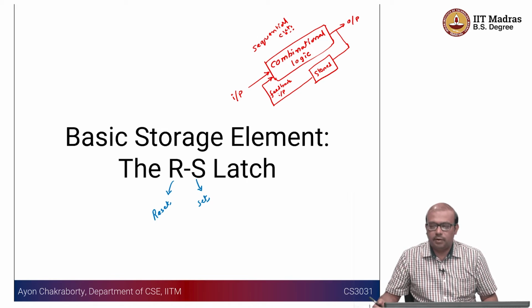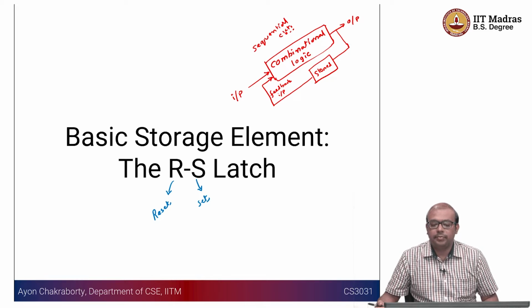So if you have a 3-bit counter, the maximum value that could be represented using these 3 bits is 7, 1, 1, 1, and it could start from 0. It could count upwards from 0 till 7, typically called an up counter, and from 7 it is going to reset back to 0.